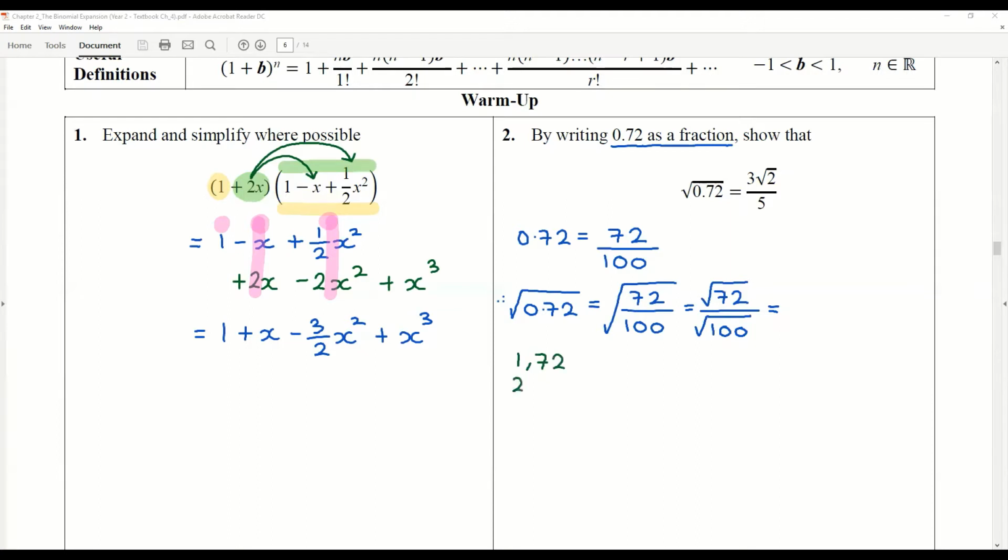Let's 2 multiplied by 36. Now 36 is a square number, okay, and it's the biggest square number that divides into 72, so that's good. So maybe I can split 72 into 2 times 36. So let's do that. In fact, I'll write it as 36 times 2, so it makes more sense.